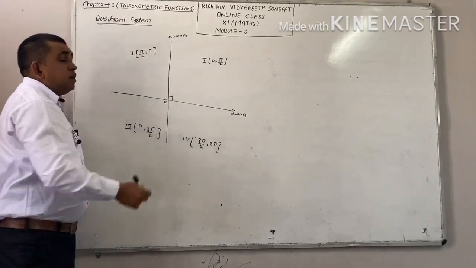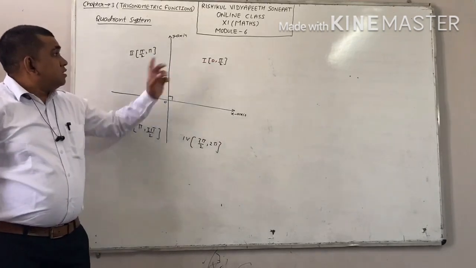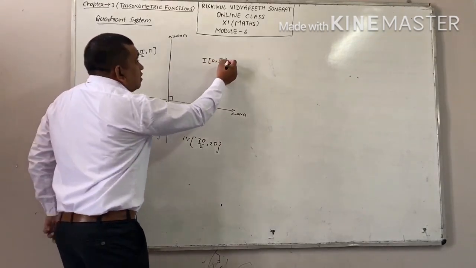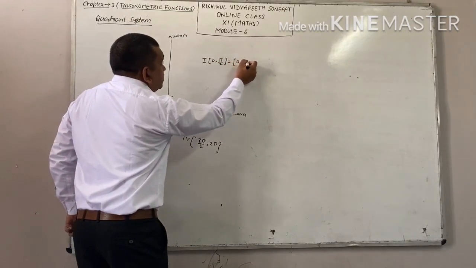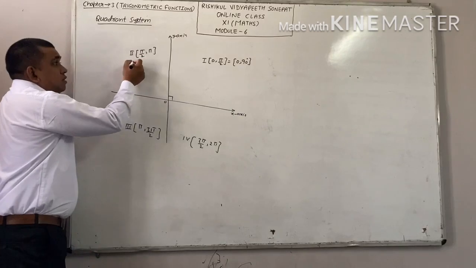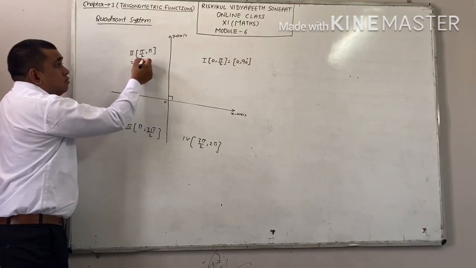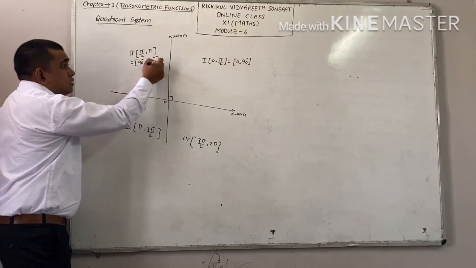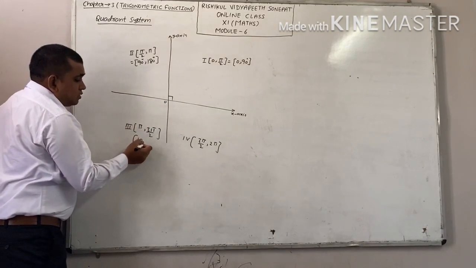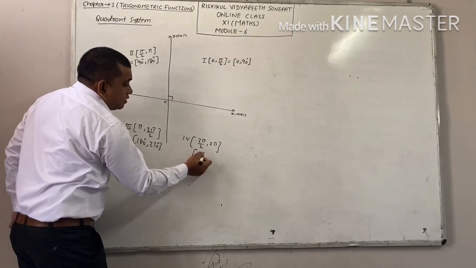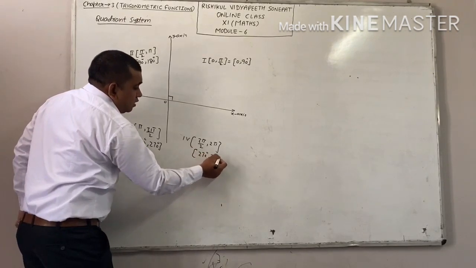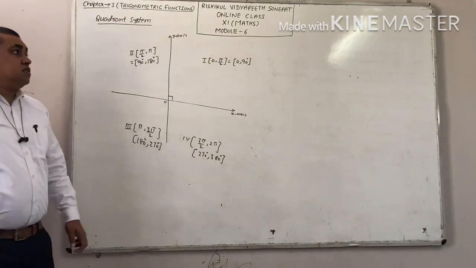You can write down these quadrants in degrees also. This is your 0 to 90 degrees. This is your 90 degrees to 180 degrees. This is your 180 degrees to 270 degrees, and this is your 270 degrees to 360 degrees.